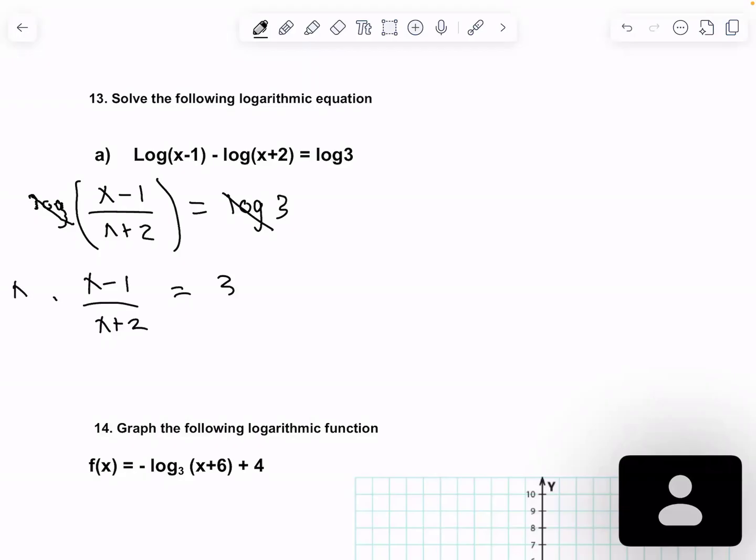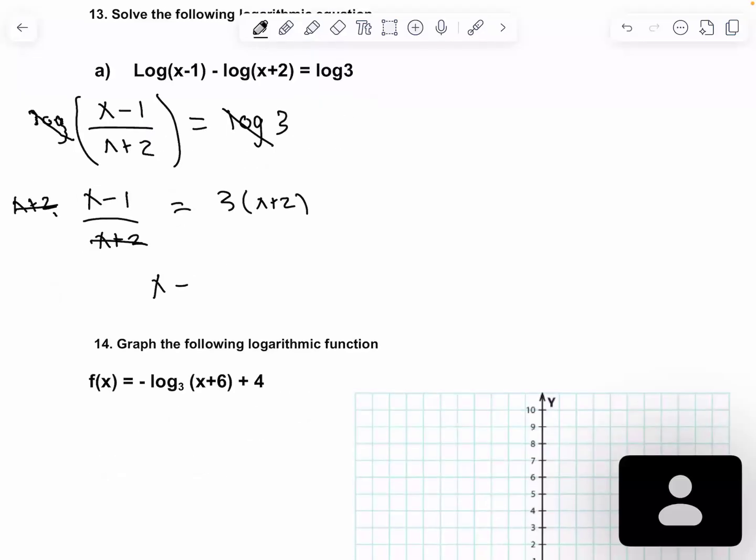So let's multiply everything by the bottom. Right? And then we get x minus 1 equals, let's distribute to get 3x plus 6. Get the x's on one side, so I subtract 3x and I add 1. And then I divide by negative 2.